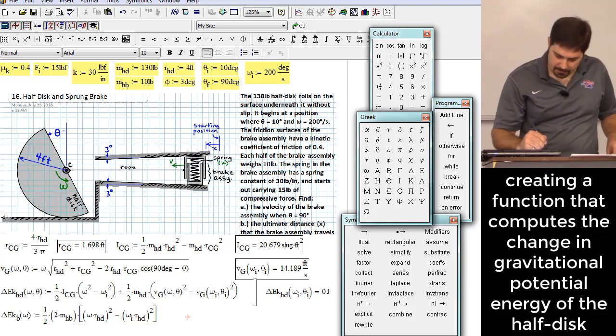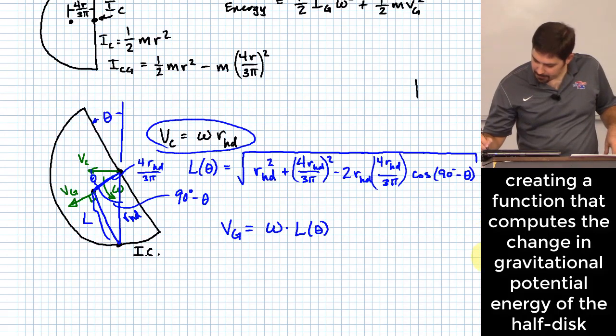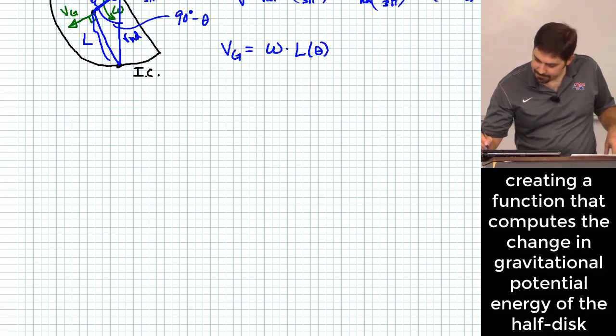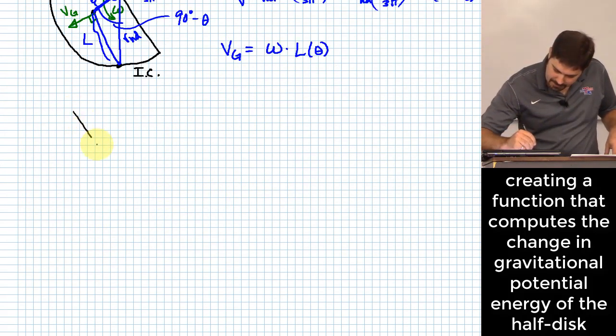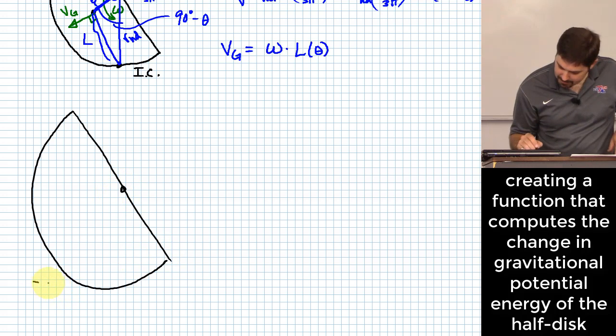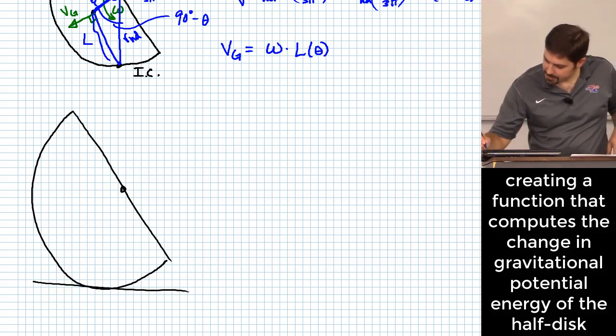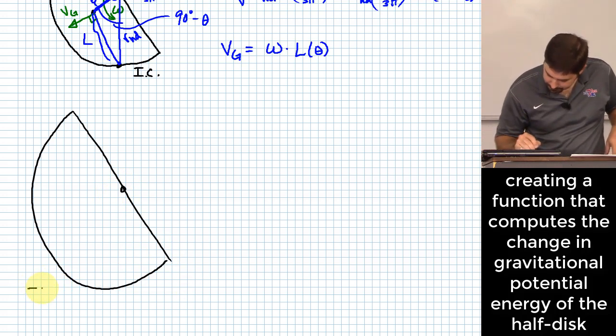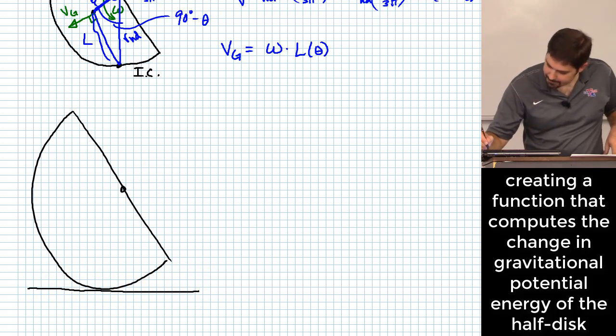So let's go back over here and maybe I'll do another sketch of this half disk. Okay. And keep in mind, this thing's rolling along a surface down here. All right.